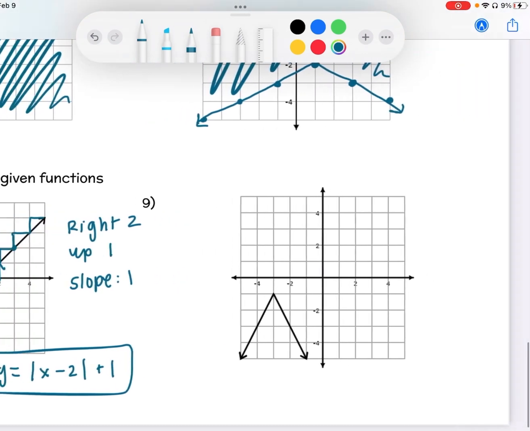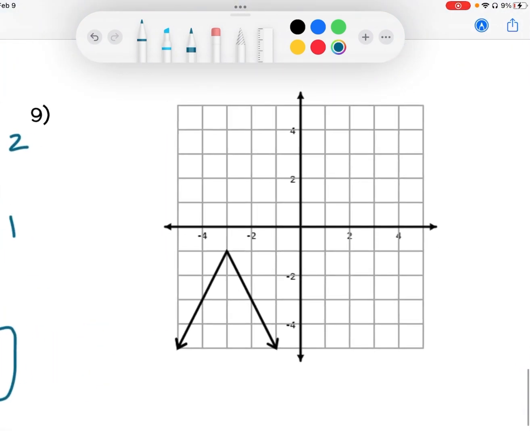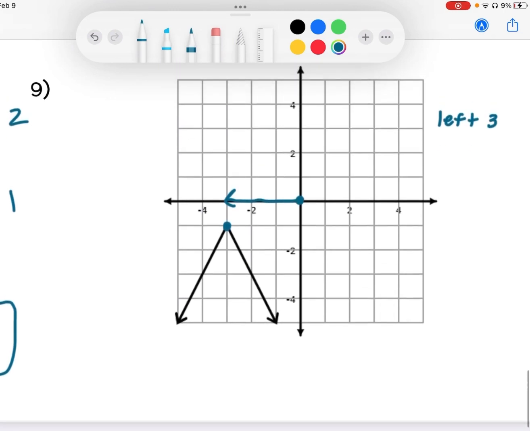All right, and then for the next one, our vertex, again, we're going to move and see we move to the left 3. And we moved down 1. All right, and then we need to check our slope. So if we still start at that vertex point, and then we go to the next perfect point, we're going to go down 2 over 1.